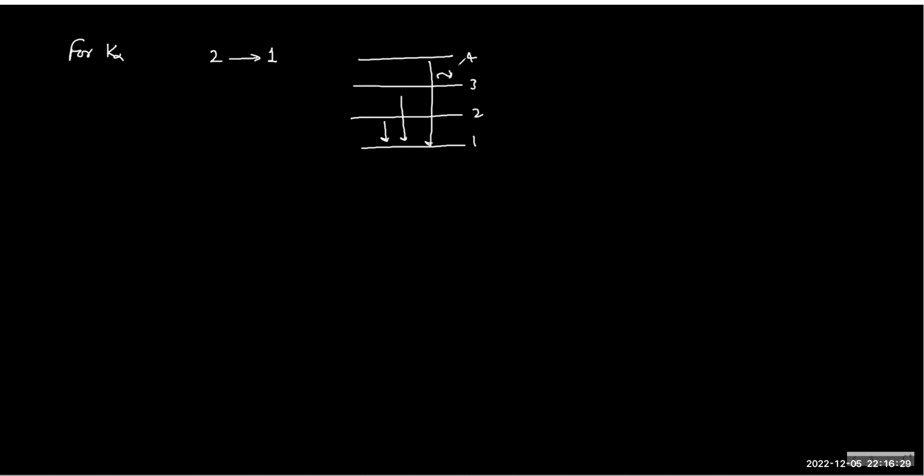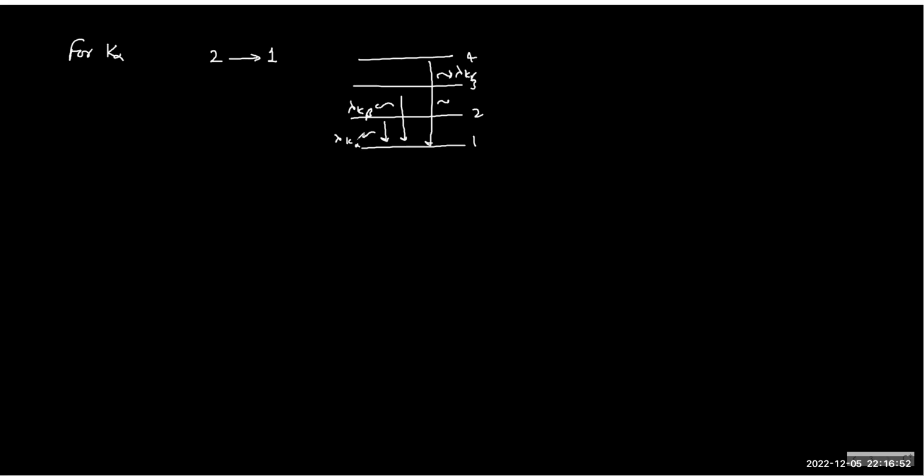So these are all lambda K. The nearest will be K alpha, the next will be beta, the next will be gamma.